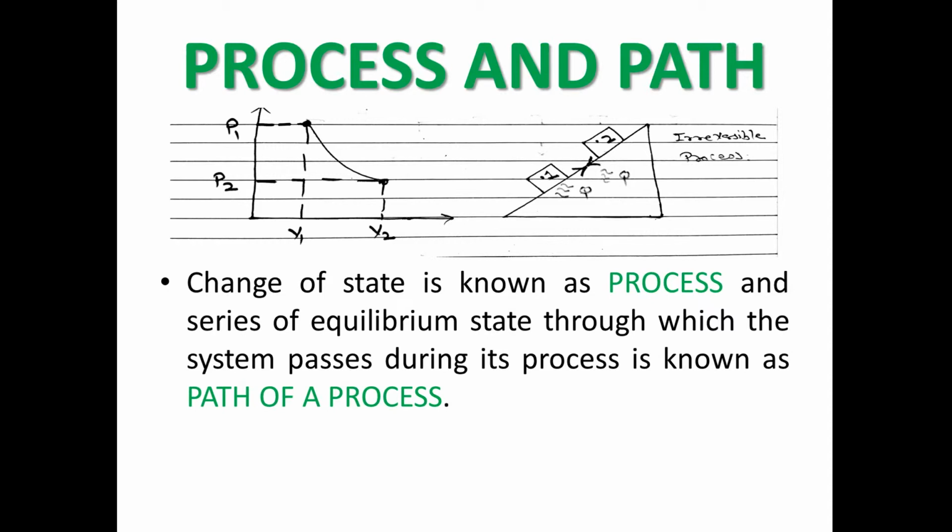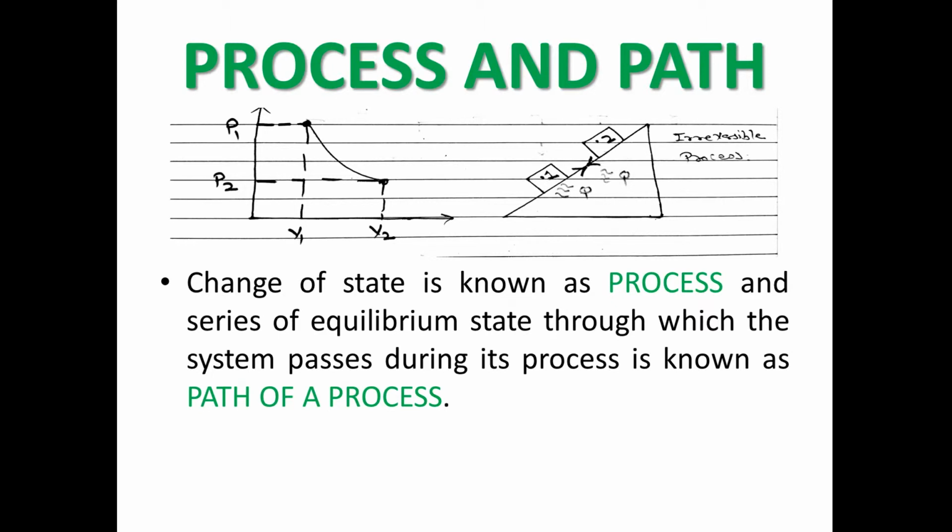The series of equilibrium states through which the system passes during its process is known as the path of the process. Now how does the process happen? The process happens by a series of equilibrium states. Series of equilibrium states means from P1 V1 to P2 V2 there is a long distance, a long path, that has to be covered for it to become a process.